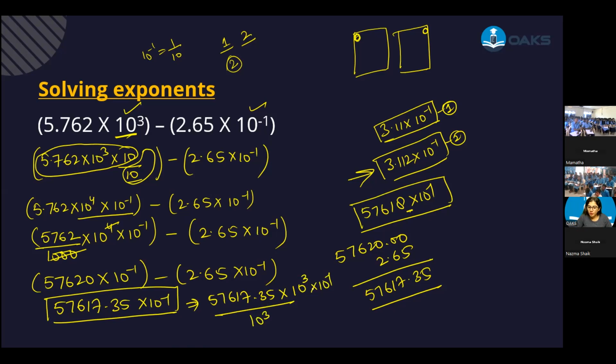Now what I want to do here is solve this part. Okay, it is just the place value system. The point will shift from here to there. The answer will be similar to this one. So what I have is 5.761 into 10 raised to power 3.